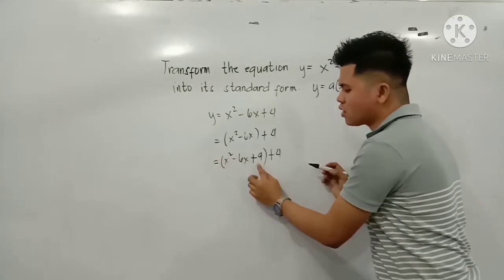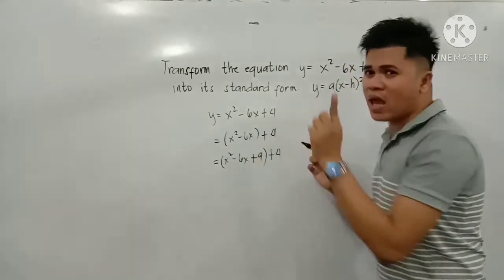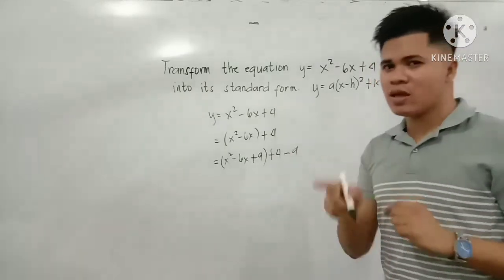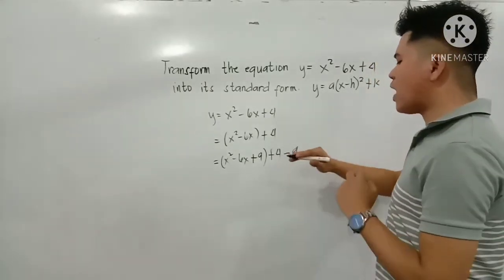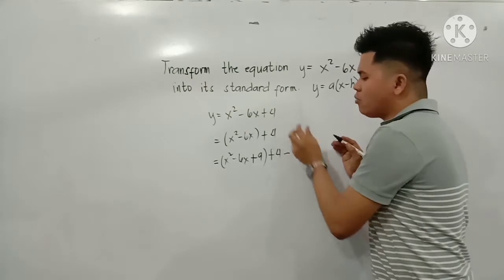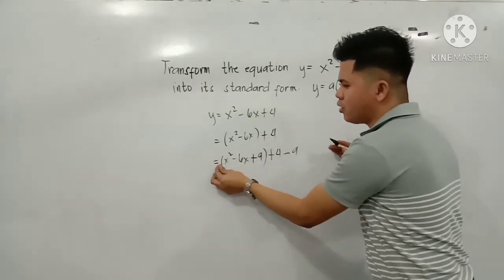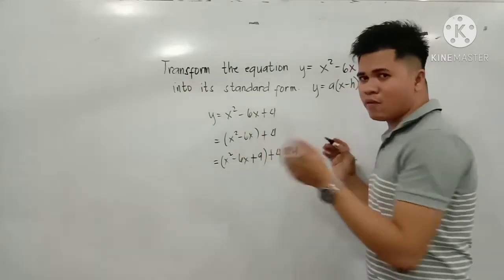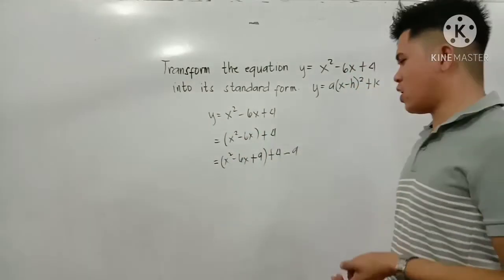So 1 times 9 is positive 9. Then the additive inverse of that is negative 9. Again, we have to add the additive inverse of the value of our a multiplied to the constant of our perfect square trinomial. So I hope that is clear.